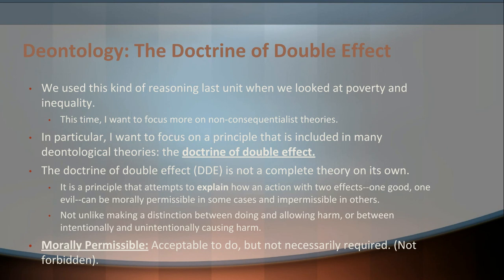In particular, the Doctrine of Double Effect is a principle that attempts to explain how an action with two different effects, one good, one bad, or if we go back to some of the original versions of this, one good, one evil, can be morally permissible in some cases and impermissible in others. So there's a lot of actions out there that have two different sorts of effects, one good, one bad.